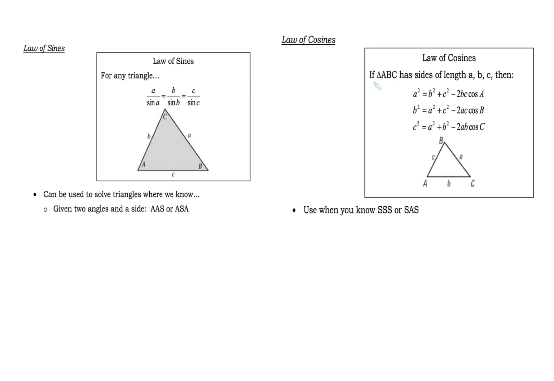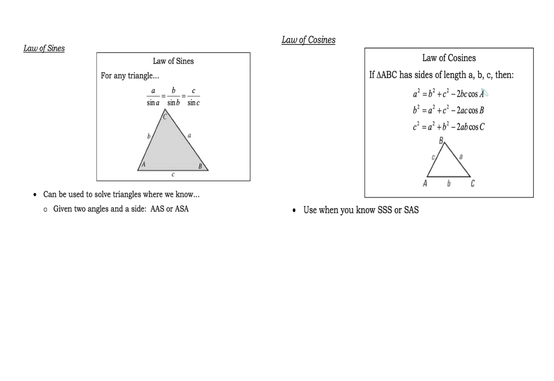We use the law of cosines, which is a squared equals b squared plus c squared minus 2bc cos A. If you notice, these three formulas are all alike except where they're rearranging a and b. So suppose you want to find side a, notice you start your equation with a squared.